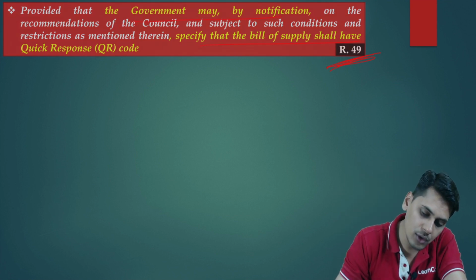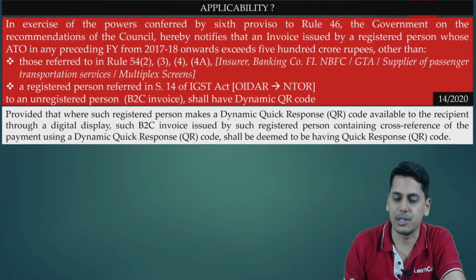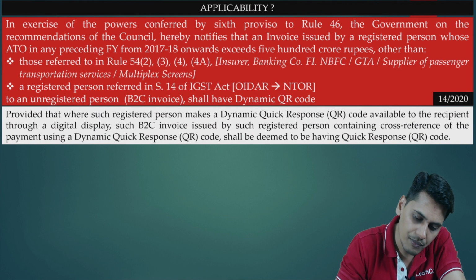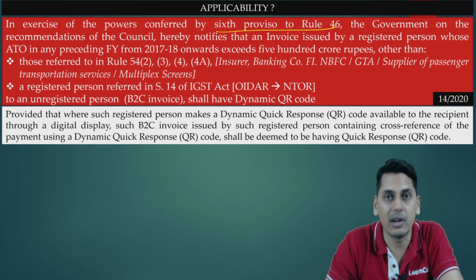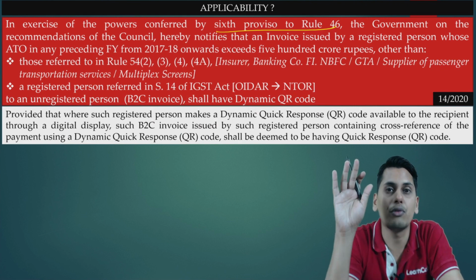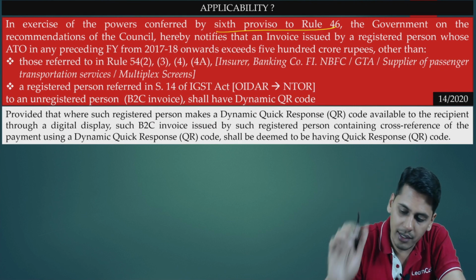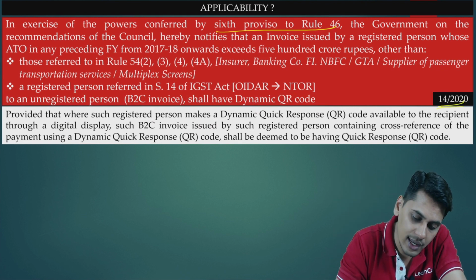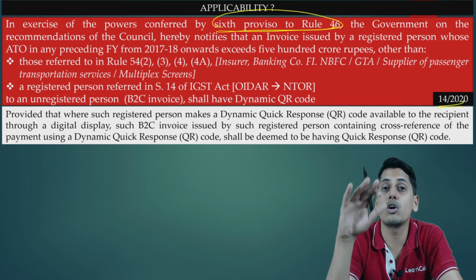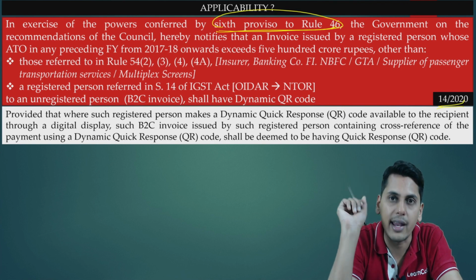However friends, if you carefully look into the notification 14/2020, which is issued under the 6th proviso to rule number 46, it does not have any mention of rule number 49. I repeat, 14/2020 has got a mention only of the 6th proviso to rule number 46. It does not have any mention of rule number 49.